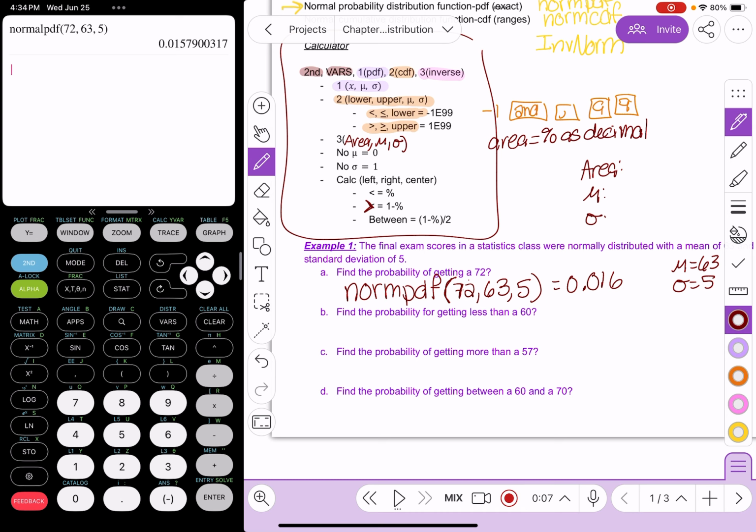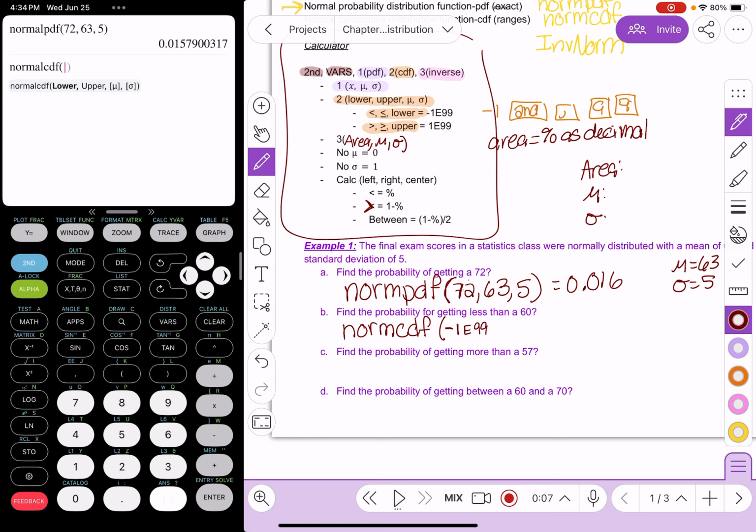B, find the probability of getting less than a 60. So this is going to be the same. We're both doing norm CDF because we have a range. So second vars 2. If you have the calculator or the computer, it's going to already have the -1 E99 in there. If you have the app, you have to type that.